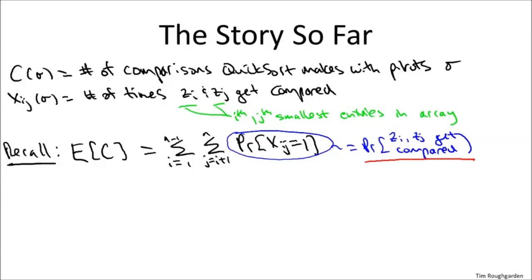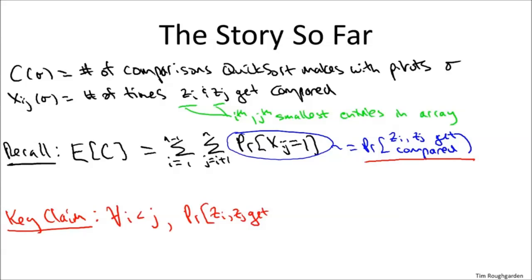And we're going to get an extremely precise understanding of this probability in the form of this key claim. For all pairs of elements, and again, ordered pairs, so we're thinking of i being less than j, the probability that zi and zj get compared at some point in the execution of quicksort is exactly 2 divided by j minus i plus 1.